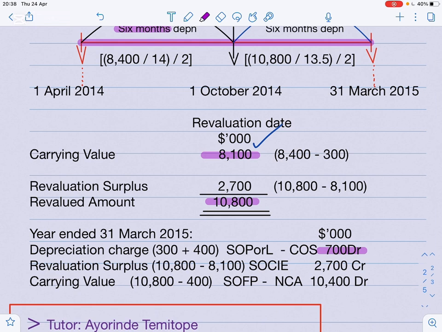It's going to be part of the expenses of the year, and for every expense you have a debit entry in the expense account. Then, just in case you want to know the implication of that on our profit, what an expense would do would be to reduce our profit for that year. So the profit of the year will be reduced by $700,000.